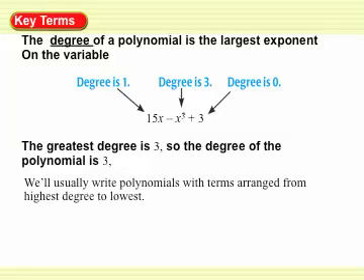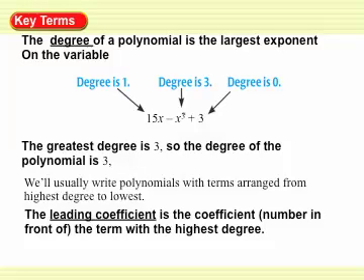Normally when we write polynomials, we'll write the terms arranged with the highest degree one coming first and the lowest degree one coming last. This will be helpful as we go to add and subtract polynomials and when we start to work with polynomial equations and solving them. We call the leading coefficient the coefficient that comes in front of the term with the highest degree.